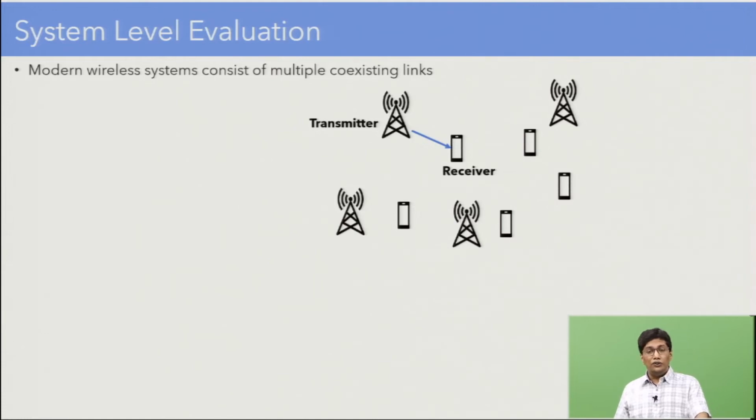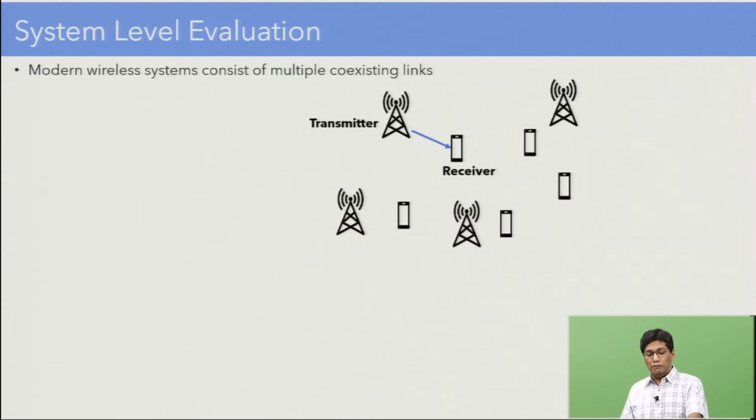Now, if you look at this from a system level perspective, in the past we just talked about a particular communication link, but modern networks may have many such communication links coexisting together. So, in this figure you can see that there is a transmitter and one receiver, and there are other transmitter receiver pairs also which are transmitting together. And if they are using the same frequency band, then they are going to interfere.